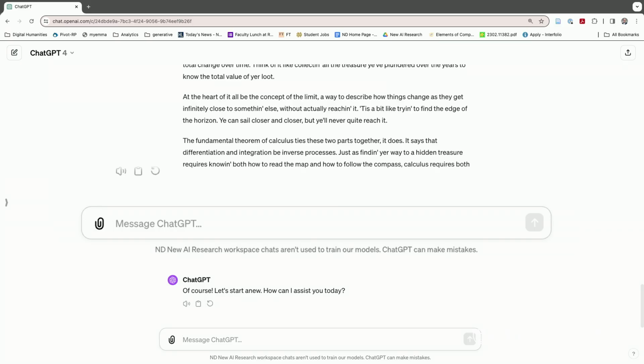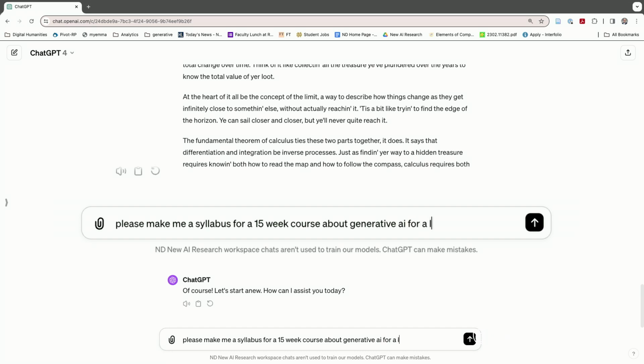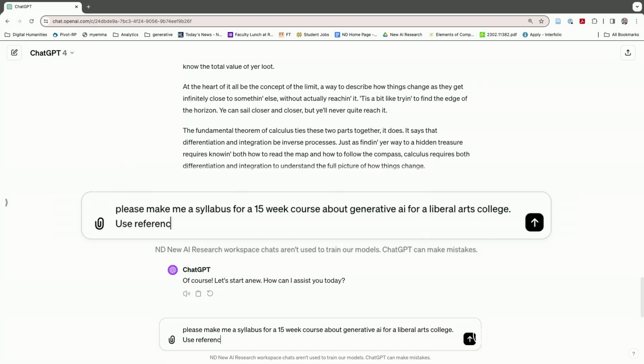For our next demonstration, I want to show you a common activity for instructors right now, and that is getting help making syllabi. I'm going to say, "please make me a syllabus for a 15-week course about generative AI for a liberal arts college. Use references, but do not make any references up.